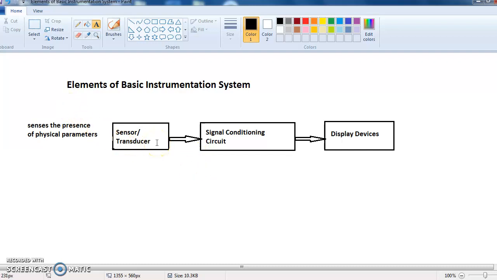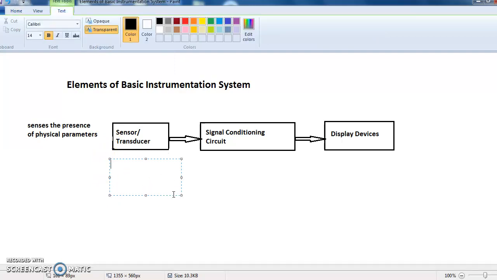Now what do these transducers do? The transducer converts one form of energy into another form of energy. So transducers convert one form of energy into electrical energy.